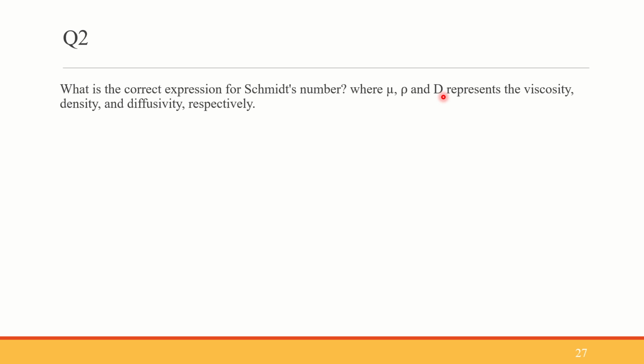They especially come into the picture when we are dealing with mass transfer and heat transfer phenomena. Schmidt number is mostly associated with mass transfer, and a similar thing would be the Prandtl number. So here, we are asked to find the correct expression for the Schmidt number.